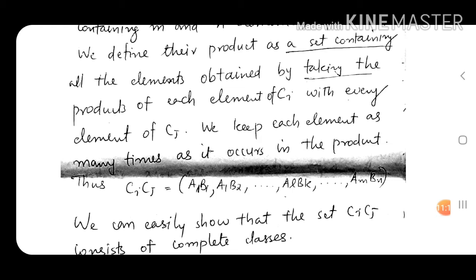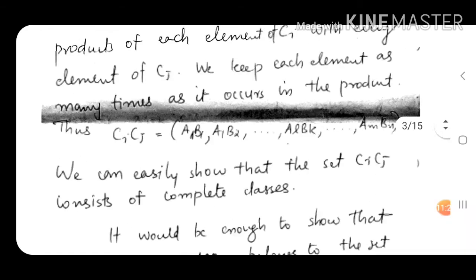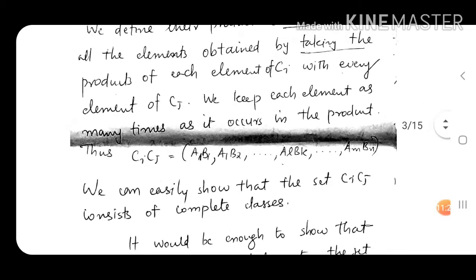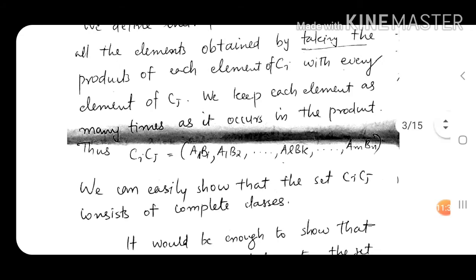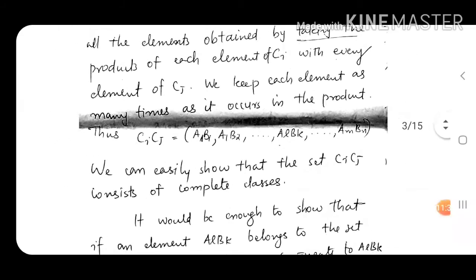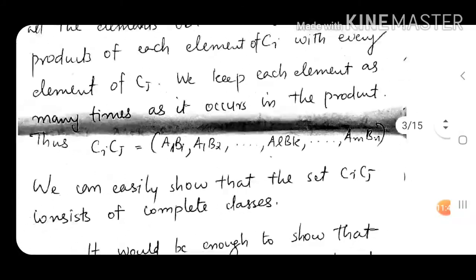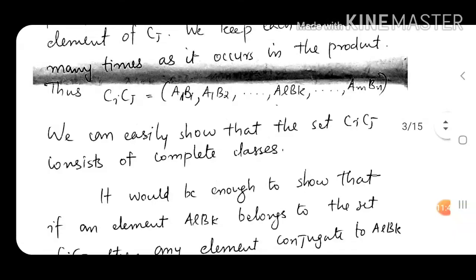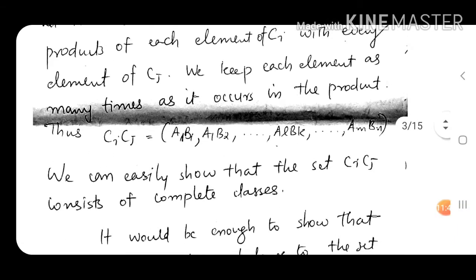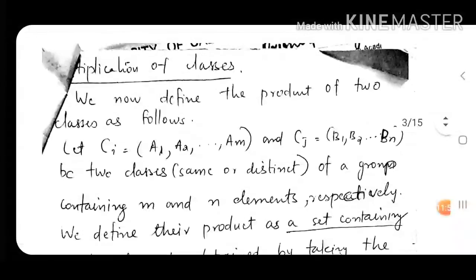We keep each element as many times as it occurs in the product. Thus Ci Cj is A1B1, A1B2, then A2B1, A2B2, then a general element AlBk, and the last element will be AmBn.